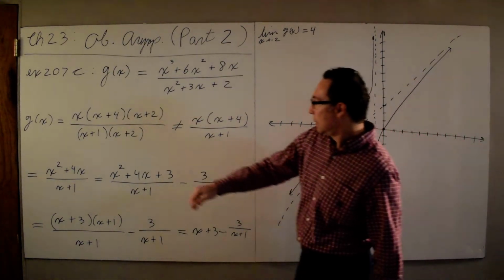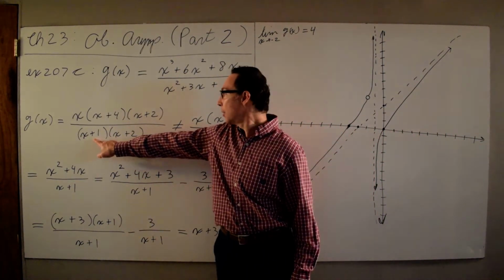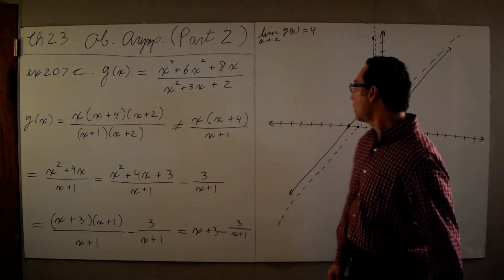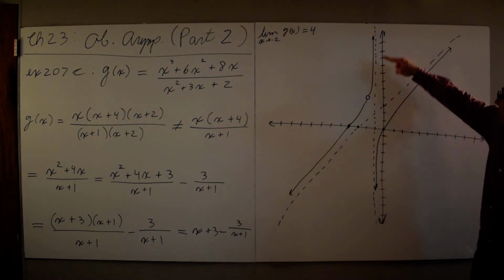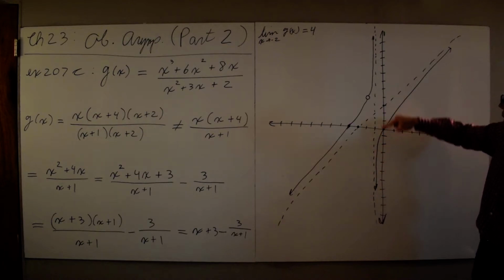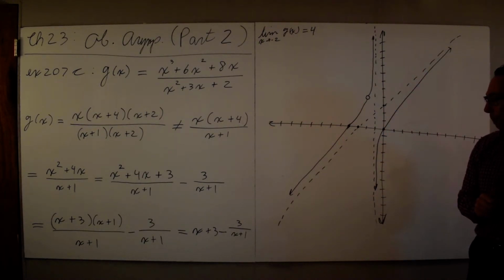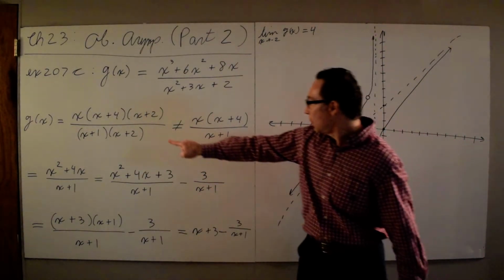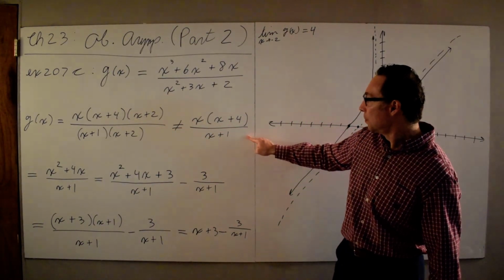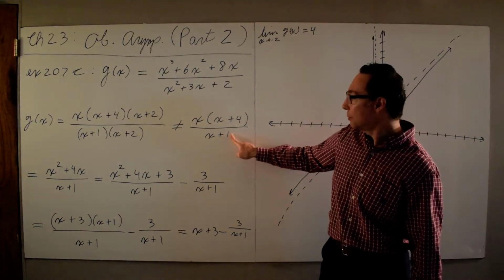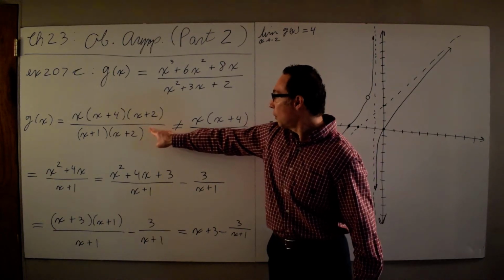-1 is a factor in the denominator but not the numerator. That means we have a vertical asymptote at -1. So x equal to -1 is a vertical asymptote. Now remember, these two functions are not quite the same. This function's defined at -2, this one's not. But we want to know the limit.